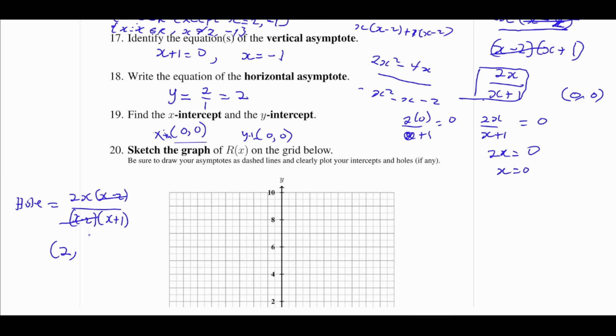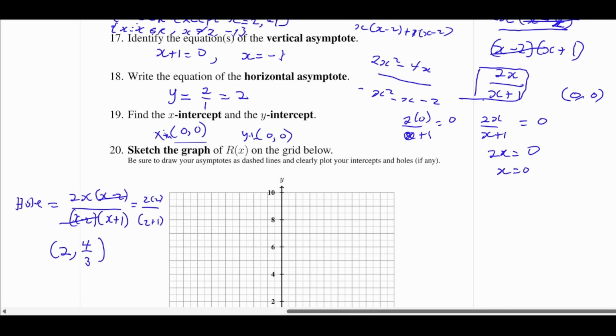That will be the first point. Now the second point is that we substitute this 2 into the remaining function. So if I substitute that into it, I have 2 into bracket 2 over 2 plus 1. That will give me 4 over 3. So the hole is at (2, 4/3).